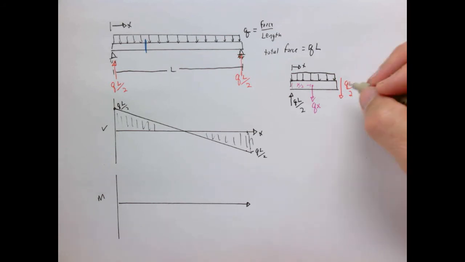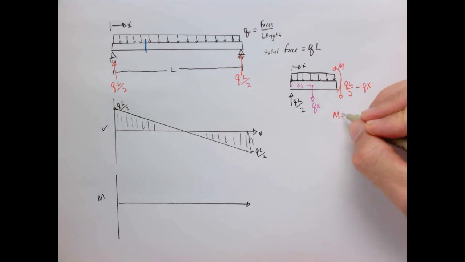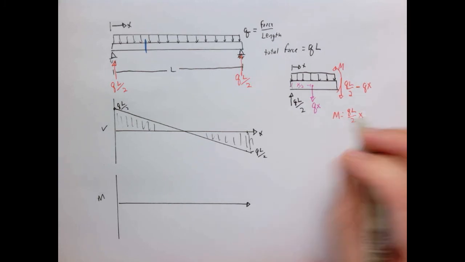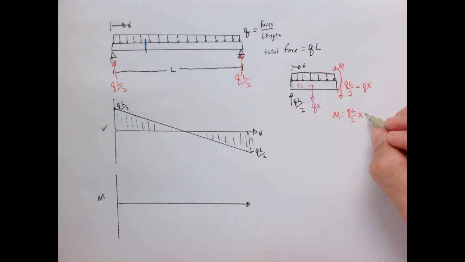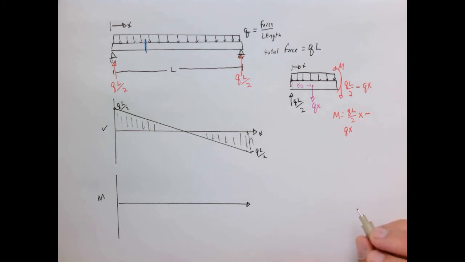The moment, which is going to start off at least for sure in this direction, needs to equal QL over 2, that force, times the distance, which is x, minus Qx times the distance, x over 2.